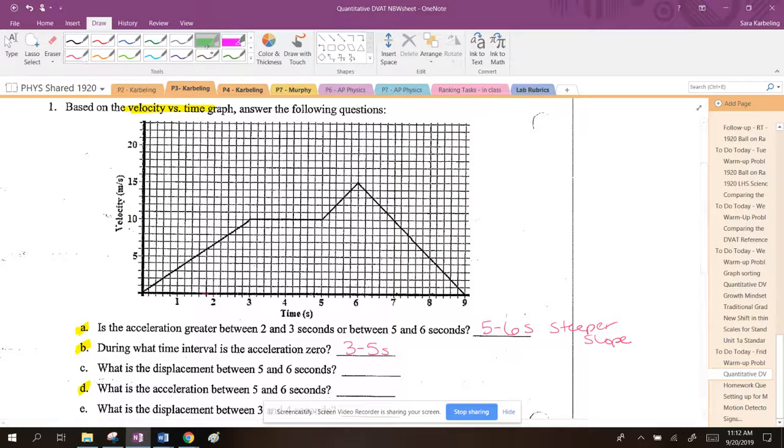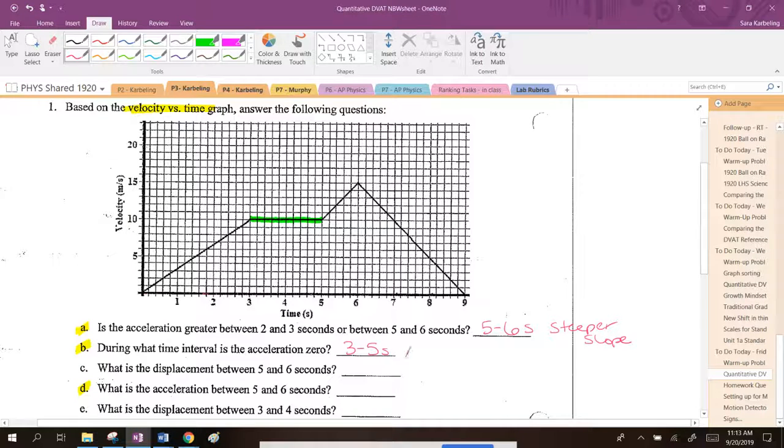So you're saying between 3 to 5 seconds. Yeah. So you say the change in velocity is 0. Yep. So the velocity is constant. We're just going to write this down. And I'm not trying to pick on you. I just want to make sure that we're using really good words here. So we're going to say that the change in velocity is equal to 0, which means that the acceleration is 0. Nice job.